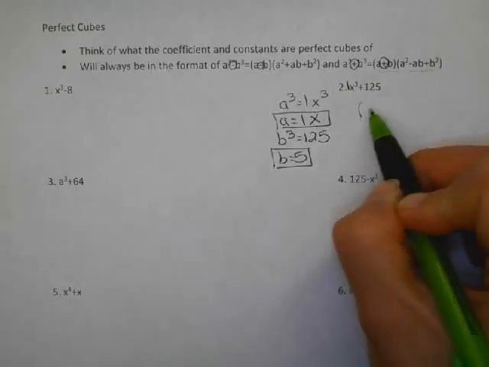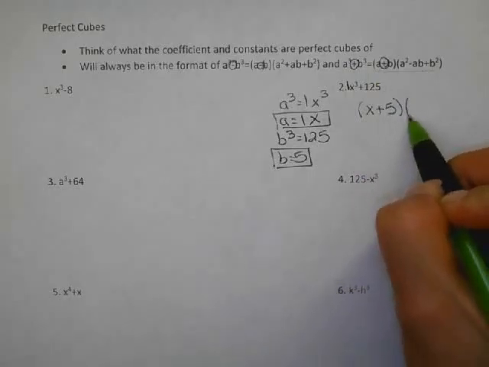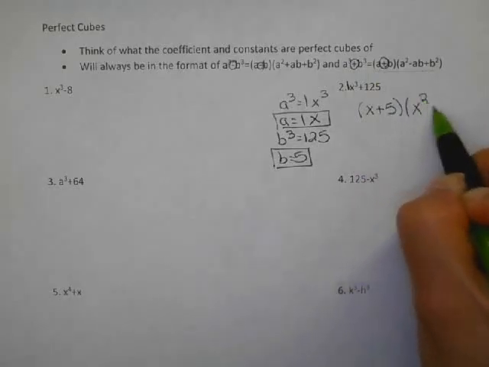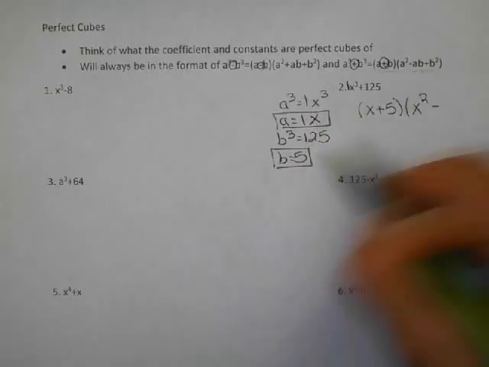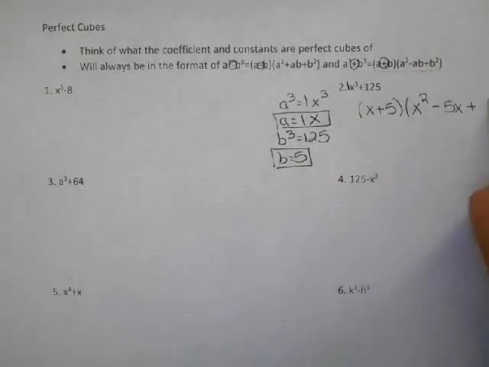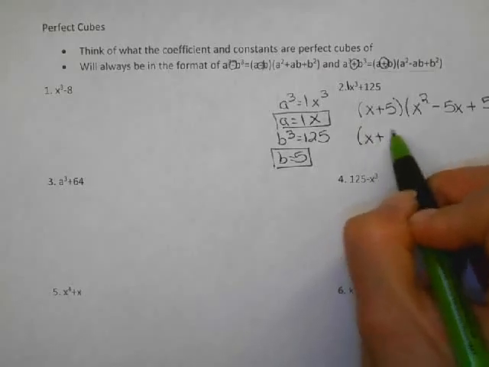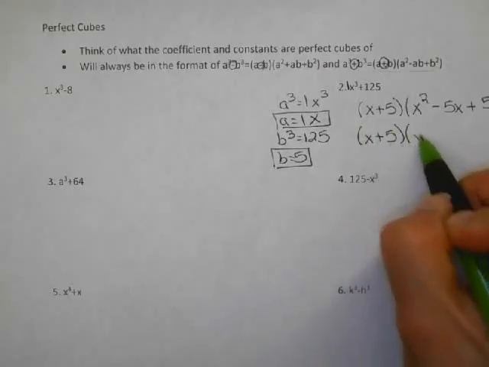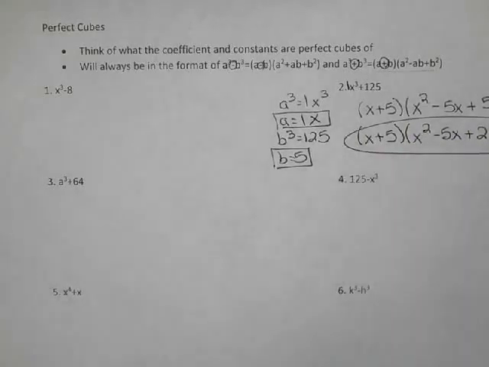So it breaks into a plus b, which is going to be x plus 5, times a squared, which is x squared, minus a times b, so it's going to be x times 5, which is 5x, plus b squared, so that's 5 squared. And now I simplify, so I have x plus 5 times x squared minus 5x plus 25. And that is my final answer.